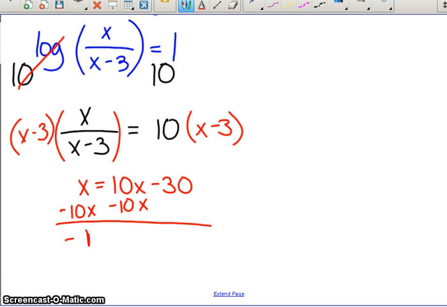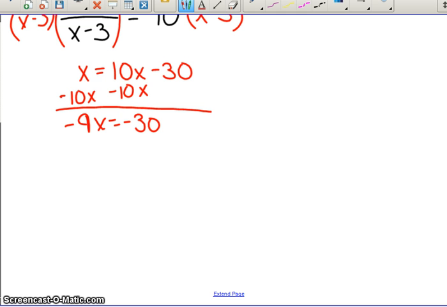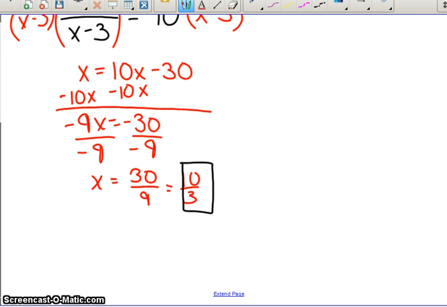That gives us negative 9x equals negative 30. Then we're going to divide both sides by negative 9. x equals 30 over 9, not 10, which is the same as 10 over 3. That's our answer.